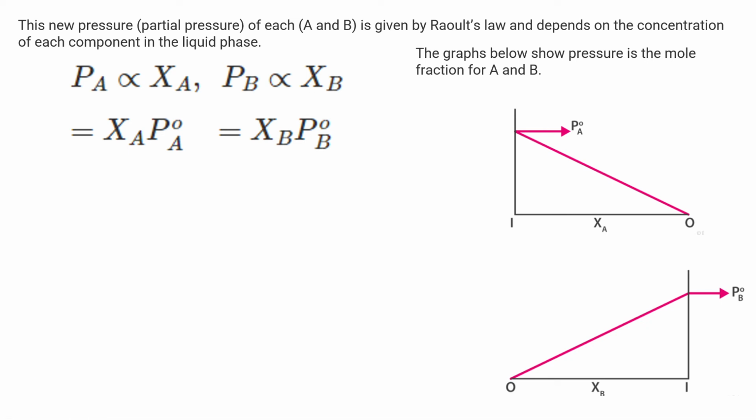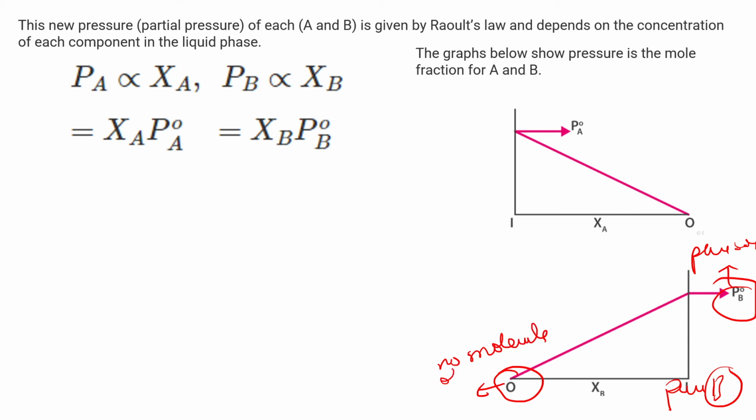Similarly, for B, if the mole fraction of B is 1, that means it is pure B. In that case, the pressure will be the partial pressure of the pure solvent B. If there are no molecules of B, that means the mole fraction of B is 0. In that case, P naught A will be the total partial pressure.